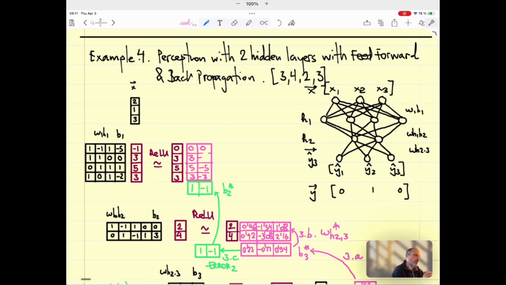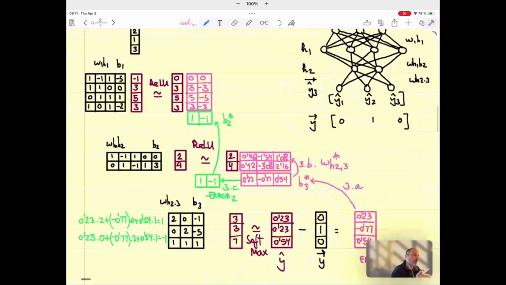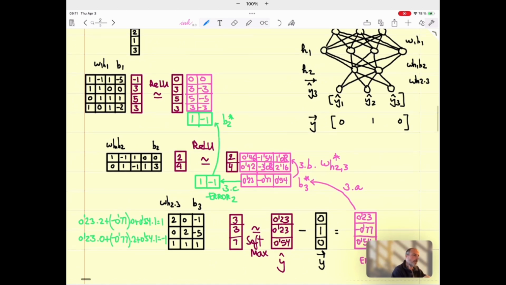Okay, so this is our new weight matrix, W H1 H2 star. This is the update of this.